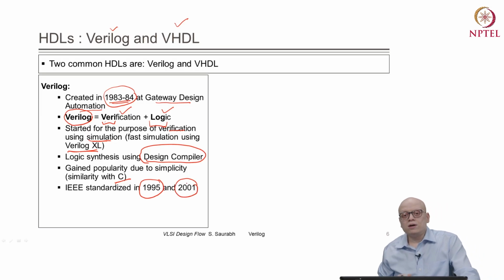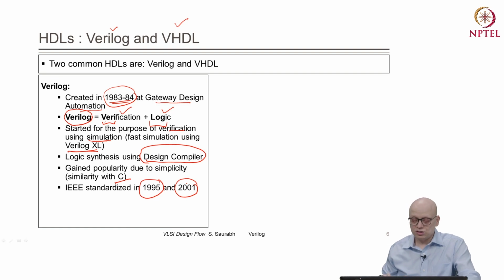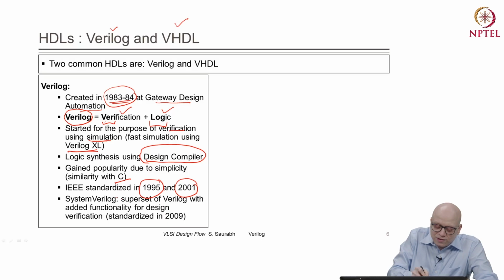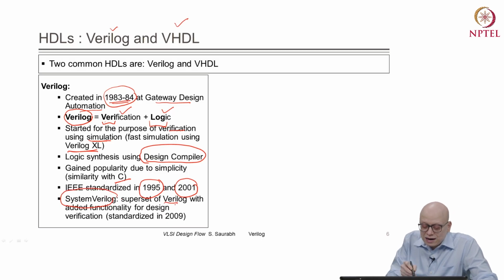Later on, for verification purposes, more features were required, and to support that, features from other languages were borrowed, and a language known as SystemVerilog, which is a superset of Verilog with added functionality for design verification, was proposed and standardized in 2009.